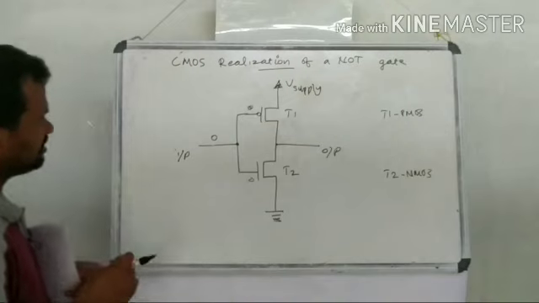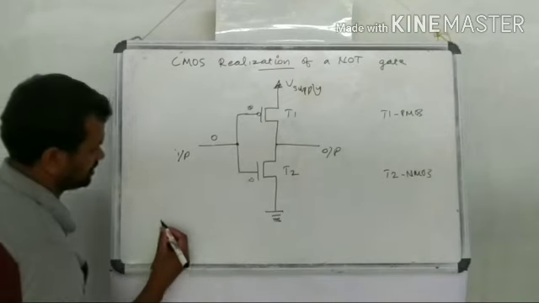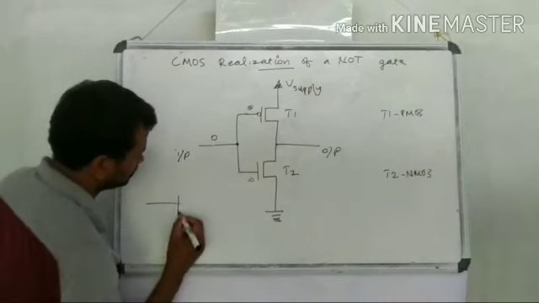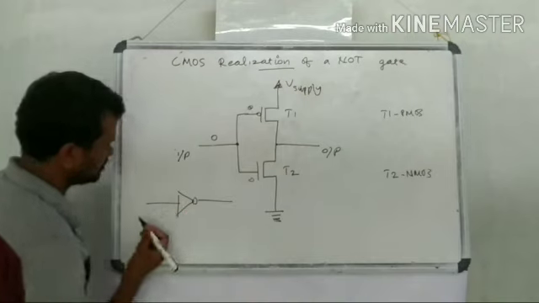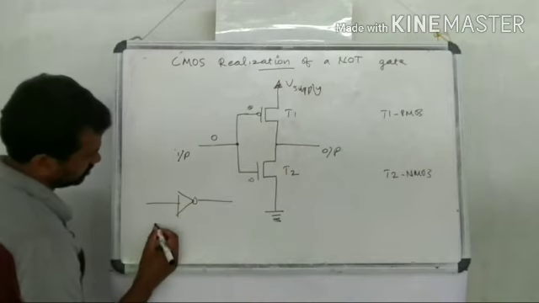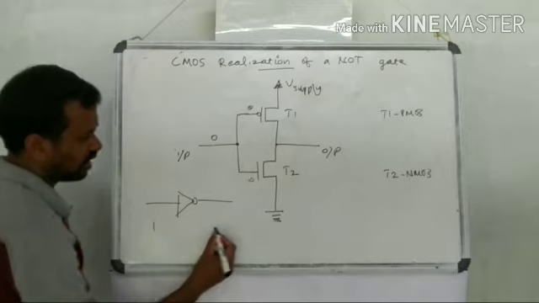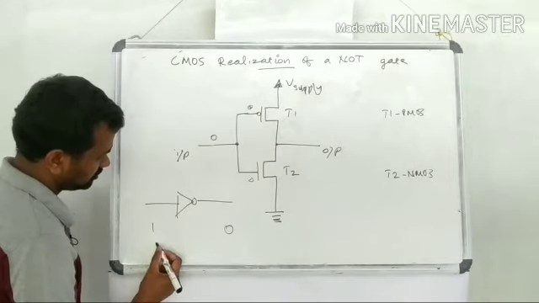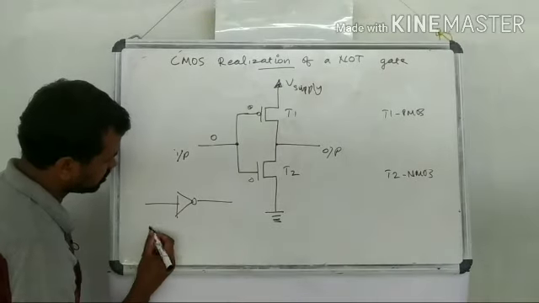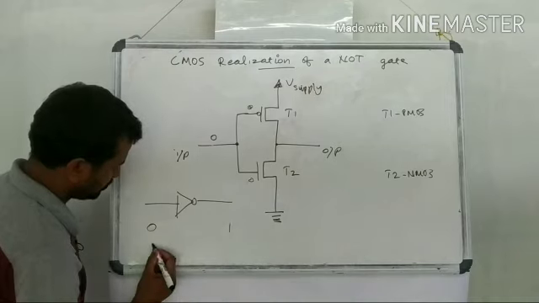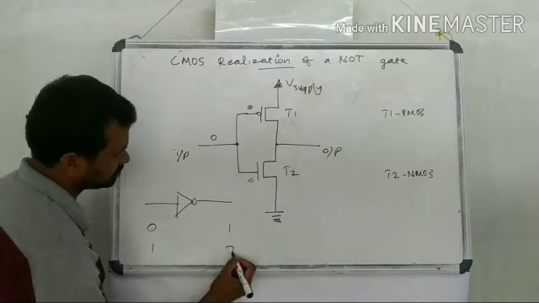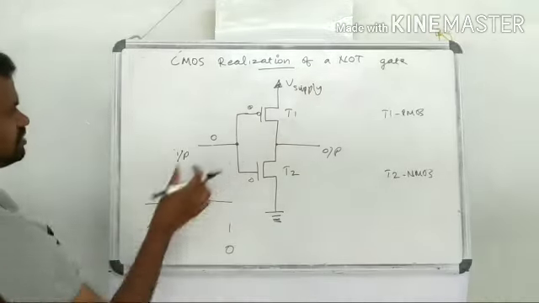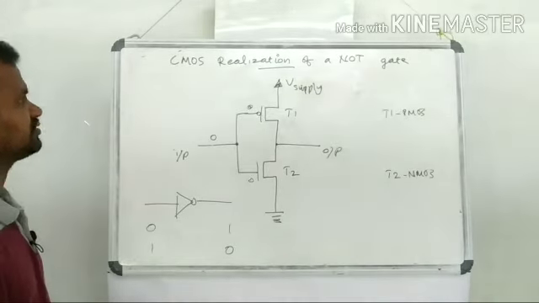Then we can consider the working of our NOT gate. So actually this is our NOT gate. If you are giving a 0, output will be 1. If you are giving a 1, output will be 0. And we can consider the same in our CMOS realization.